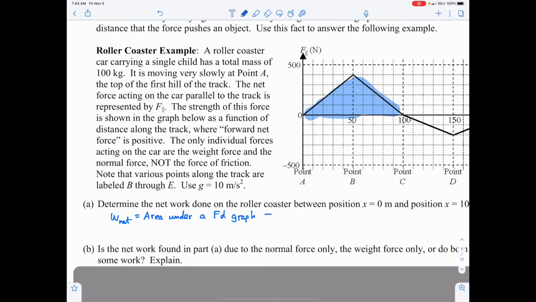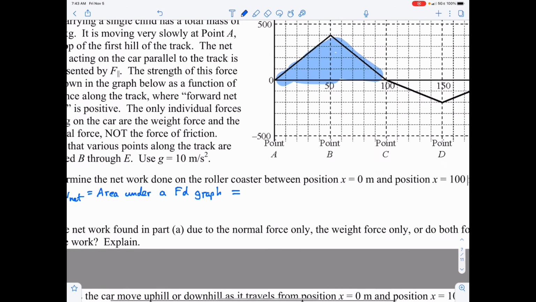We're looking obviously at a triangular region. So the area of that would be 1/2, the base is 100, times the height, which looks to be 400. In which case we get 50 times 400, which is 20,000. 20,000 joules.